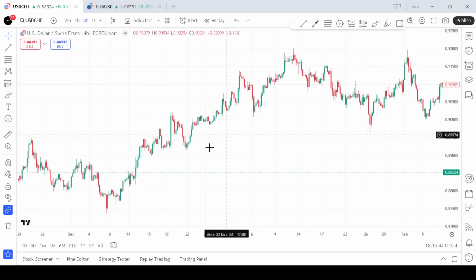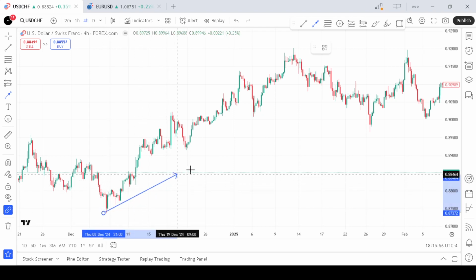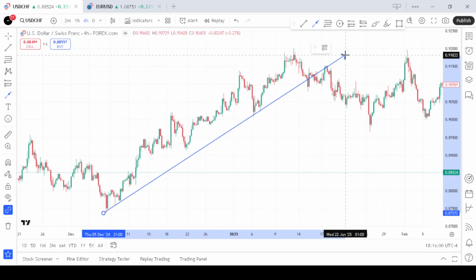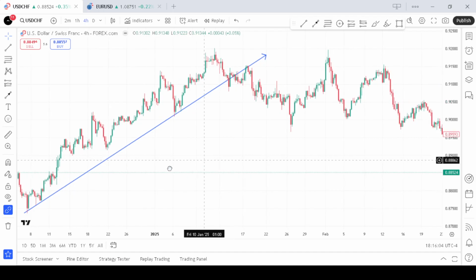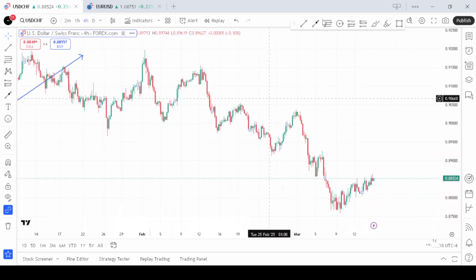Now, trend lines are powerful instruments usually used for identifying market trends. When you use a trend line tool, you are essentially drawing a straight line by connecting two or more price points on the chart. This helps to visualize the overall direction of the movement of price.